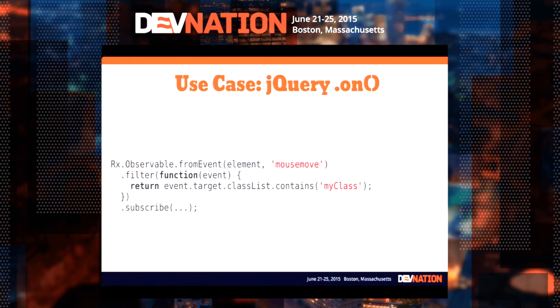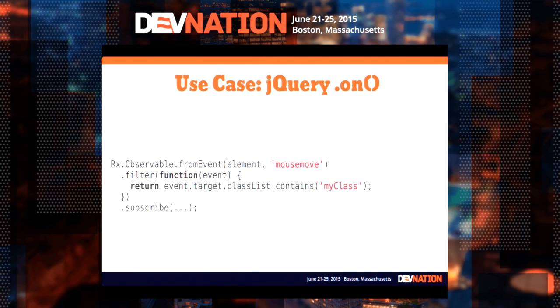You use this if you have a giant table and you want to know when you move your mouse over any table cell. You don't want to register an event listener on every single table cell. You register the event listener on the body, and then you can put a CSS selector to the jQuery on method that filters out all events that aren't for the particular table cells you're looking for.